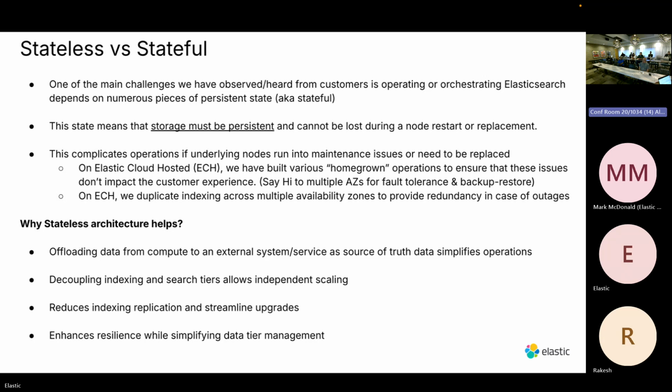So as we built our homegrown operations and solution, we have done a bunch of things just to manage this operational part, which means that we have built out a lot of small workflows so that we don't impact the customer experience when a node goes down. And as you know, when operating a cloud service, a node can easily go down at any given point in time. Sometimes the cloud provider does not even give you a notice. They just take away the node and say, sorry, we took away the node for you, right? So we have been really investing in this operational aspect.